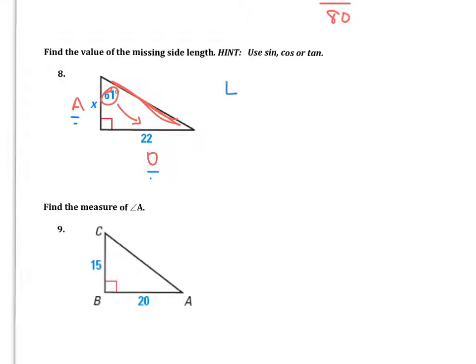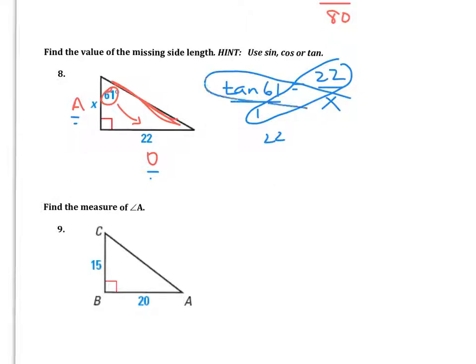So now I write an equation. Tangent of 61 is equal to the opposite, 22, over the adjacent x. We talked about putting 1 underneath our trig function and then cross multiplying. 1 times 22 is 22. Cross multiply here, and I get x tan 61.